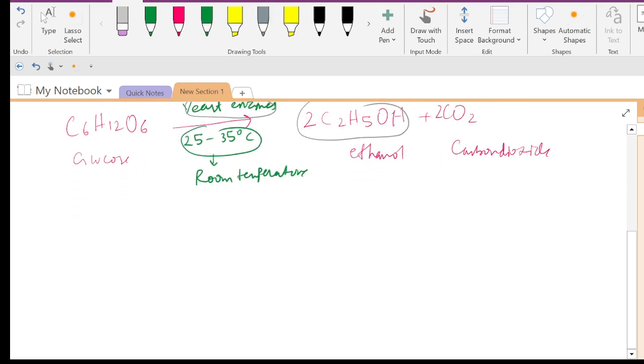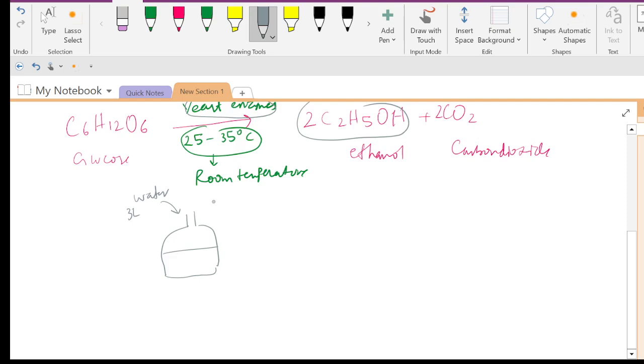So what actually happens? There's a bottle, and inside the bottle we pour pure water, around 3 liters. The glucose is also put into it, around 600 grams.